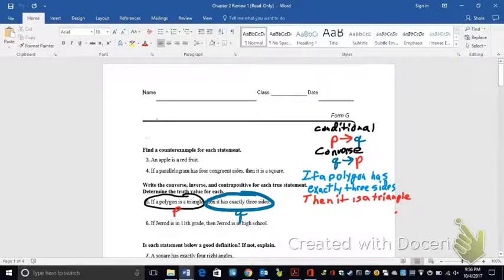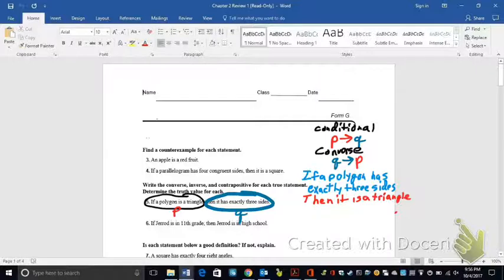This is really important. A lot of people get hung up on the truth value of the converse, inverse, and contrapositive. Now I want to make it clear that just because a conditional is true does not mean that all the other 3 variations of it also have to be true. That's what the truth value is there for.